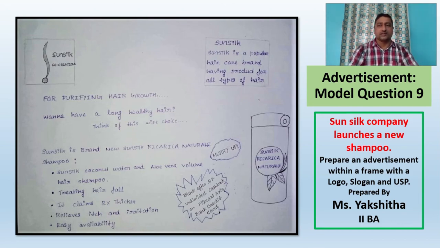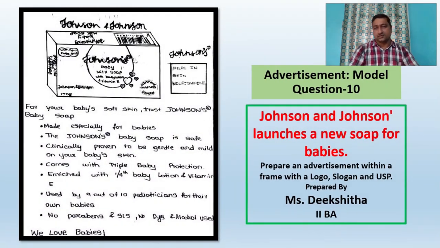Anyhow, the last example we have with us is the question on Johnson & Johnson launching a new soap for babies. So it's by Ms. Dikshita. You can see a relevant soap image. You can observe the way the soap image here carries a number of subtle aspects which one can care for, right? You can see a barcode here on the image, right?